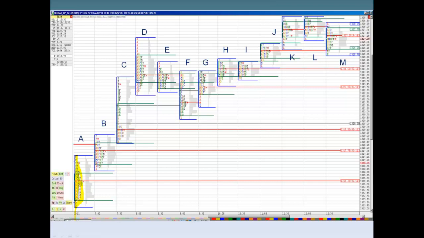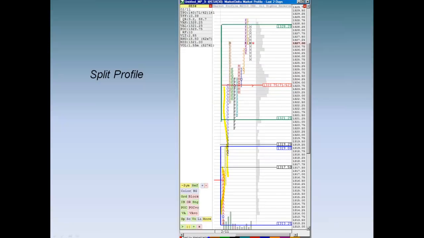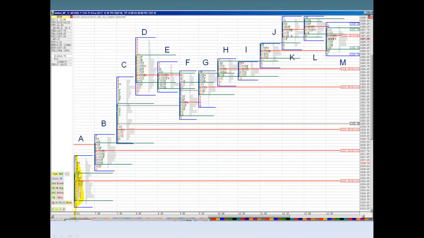Now, even though this is just a tiny little segment, it gives me a better idea that I would not be able to discern from just looking at period A as this column of letters. I now have a little bit more information: the shape of the profile that made up this period A.